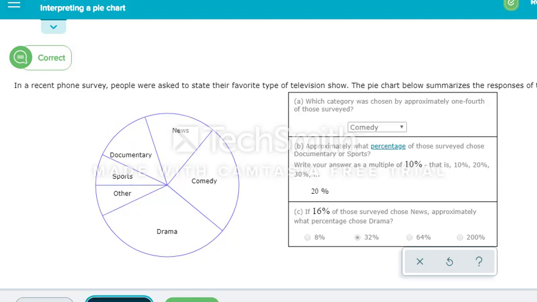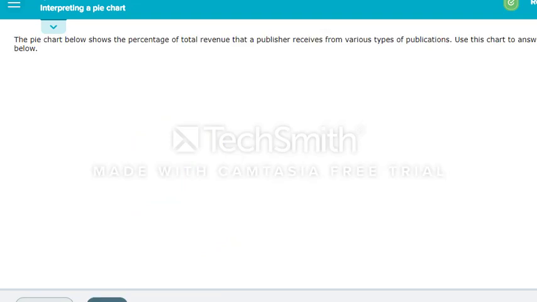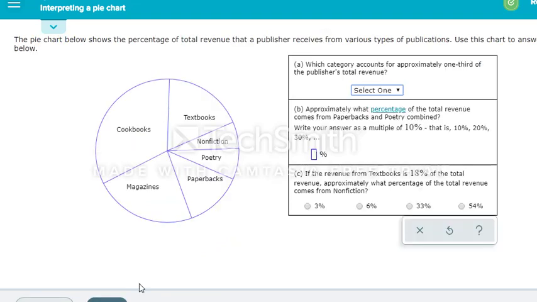Now let's look at the next question. This pie chart shows the percent of total revenue that a publisher receives from various types of publication.